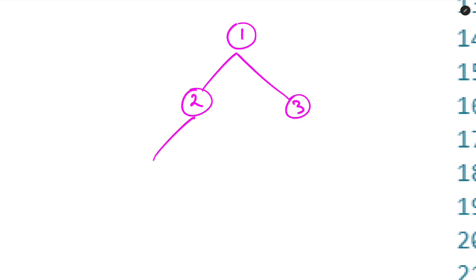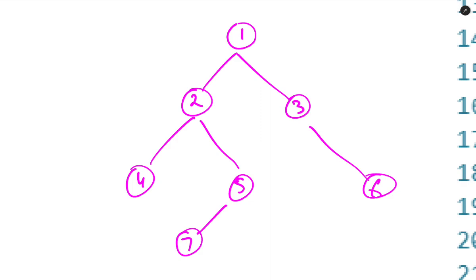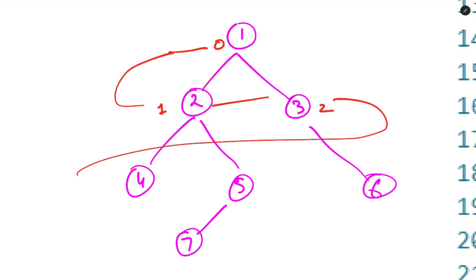I was unable to solve this question on my own, so I referred to a YouTube video. In that video, how he taught was like this. I am drawing the same tree again. He said the starting index is 0, then the index of this is 1, this is 2, and then it's indexed like this.